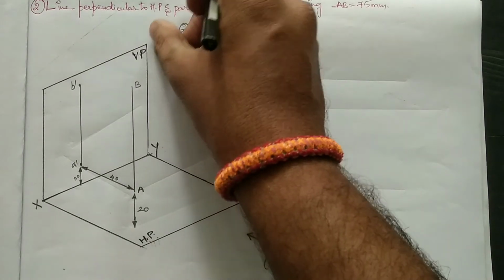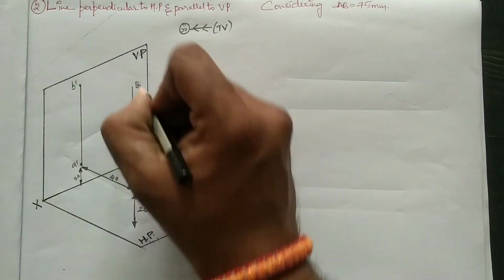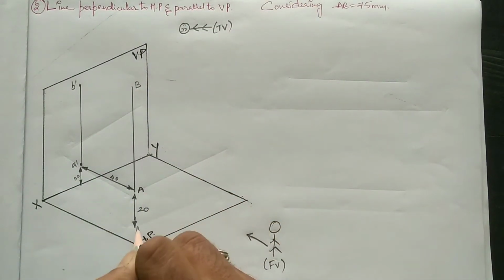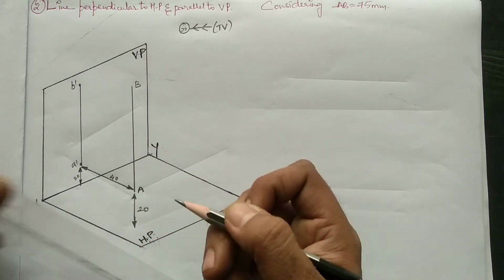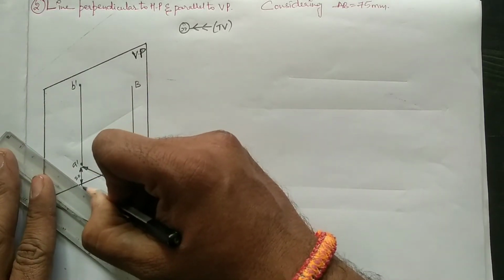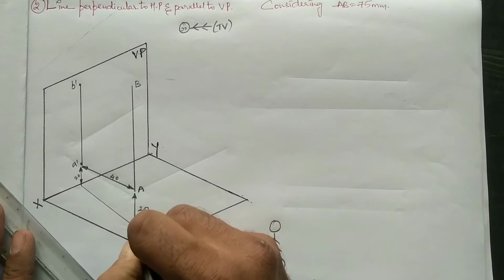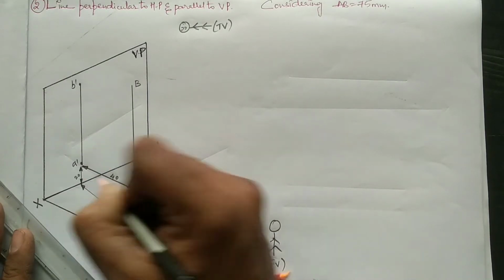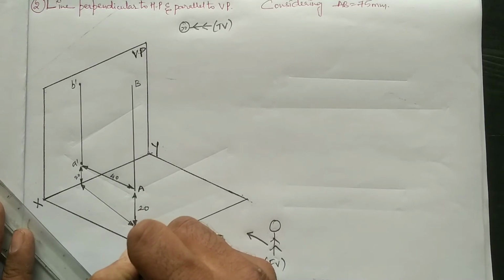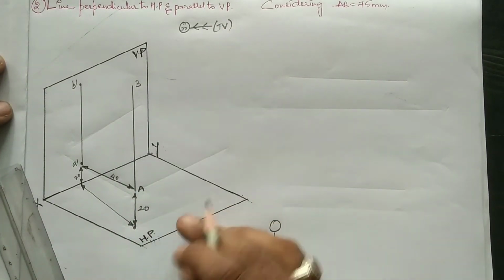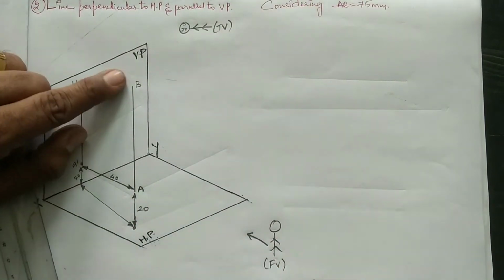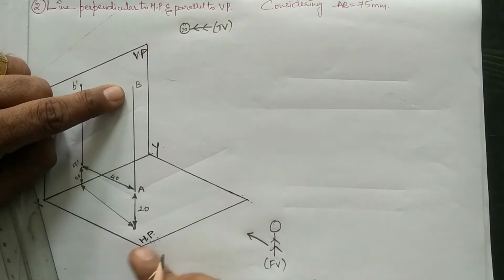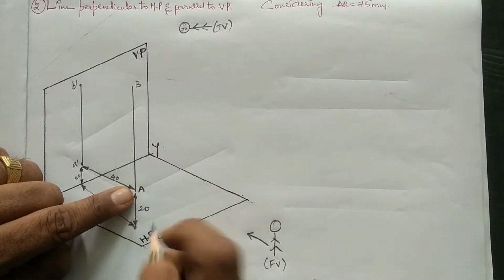Similarly, when we see from the top view, the line is projected here at a distance of 40 mm. So where the point is about to be here: whichever point is at the top is visible to the observer, but the one at the bottom is not visible.